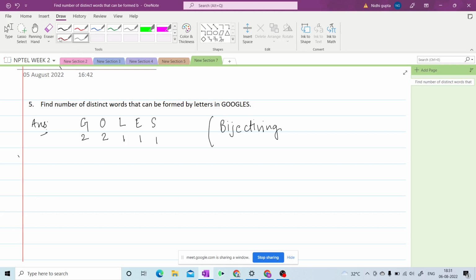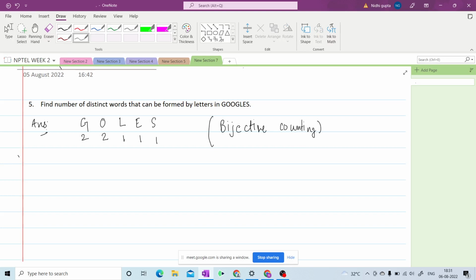Sorry. The first topic that we did in the class this week was bijective counting, so we want to use this method to compute this.